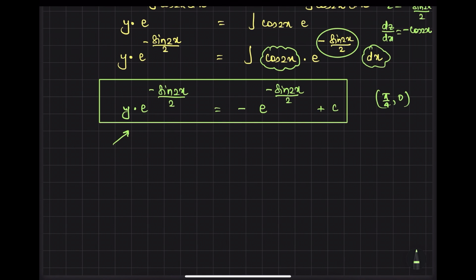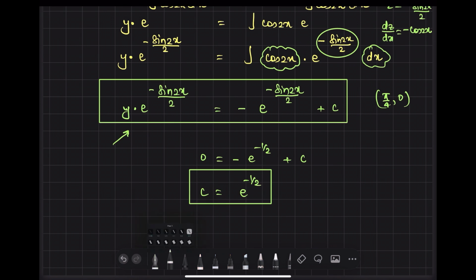Sin pi by 4, sin 2x becomes sin pi by 2, sin 90 is what? 1. So it is minus of e power minus 1 by 2, right, plus c. So can I say that the value of c is e power minus 1 by 2? So we got our c.